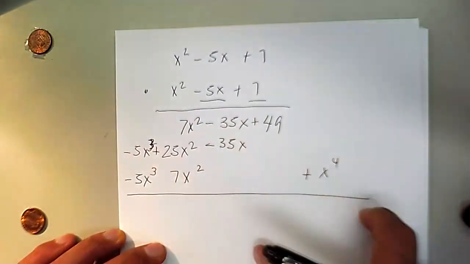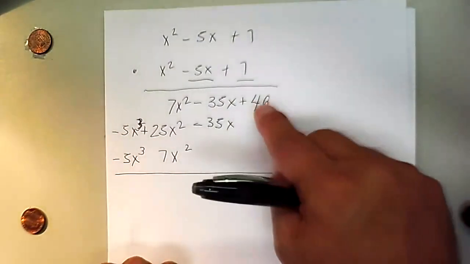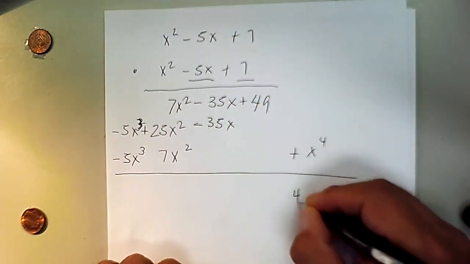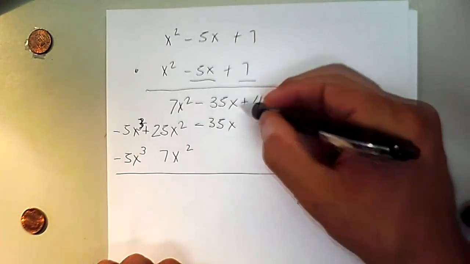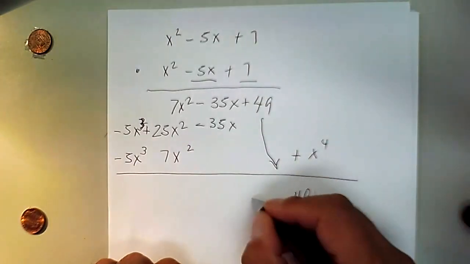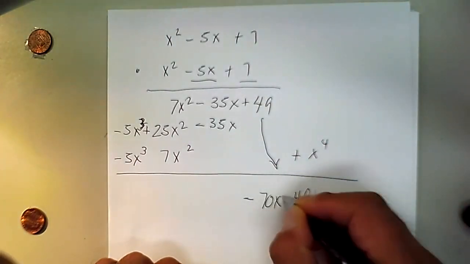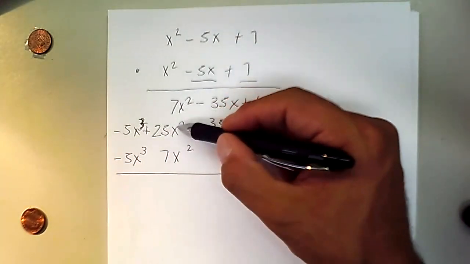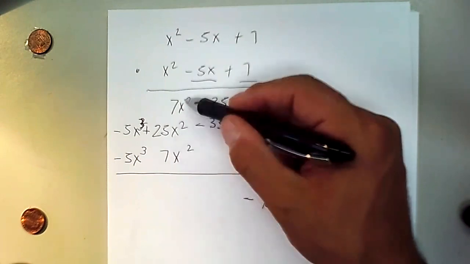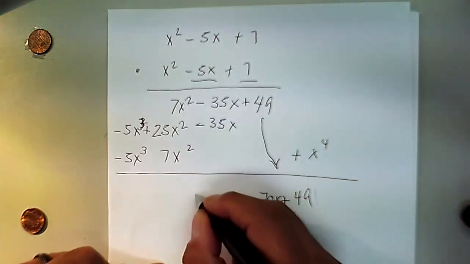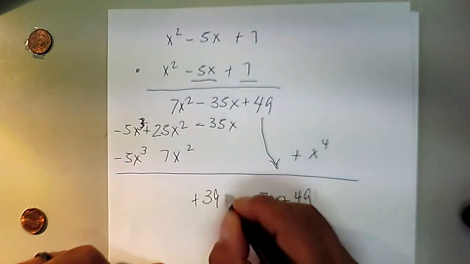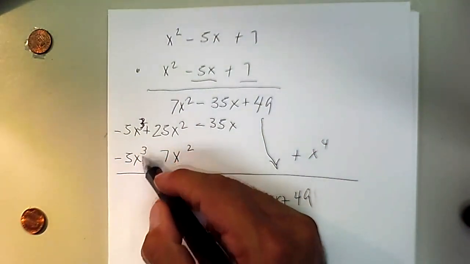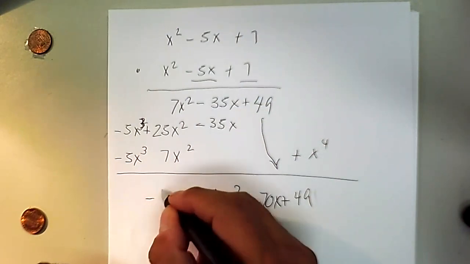So I'm going to shift everything a little bit to the right so it fits nicely. So the 49, that doesn't add with anybody, I'm going to write it here. That's -70x plus 49. And then 25 and 14 is 39, plus 39x squared, minus 10x cubed.